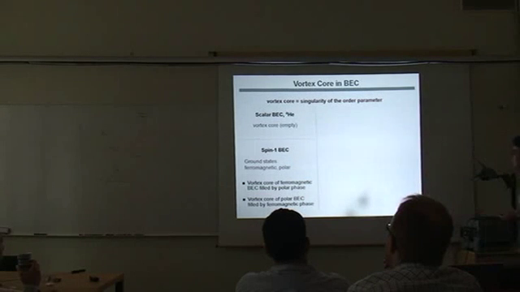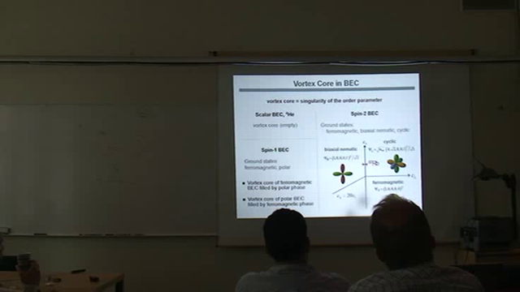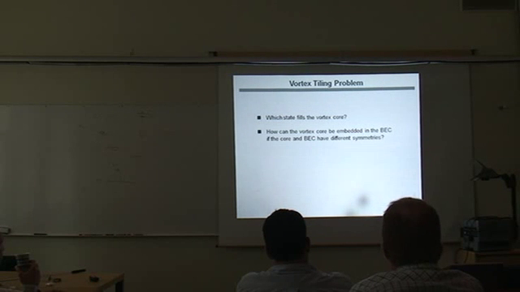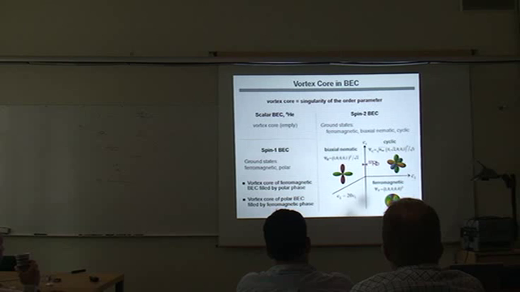An interesting question arises for spin 2 BEC because in this case the ground state has at least 3 phases: cyclic, biaxial nematic, and ferromagnetic BEC. So the interesting question arises as to which state fills which vortex core, and how can the vortex core be embedded in the BEC if the core and BEC have different symmetries.